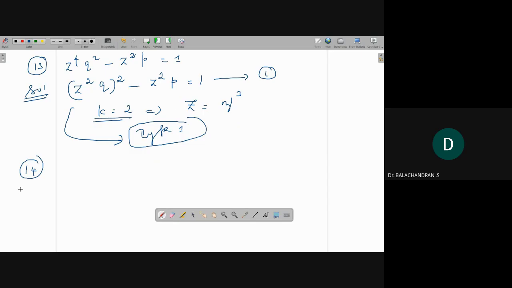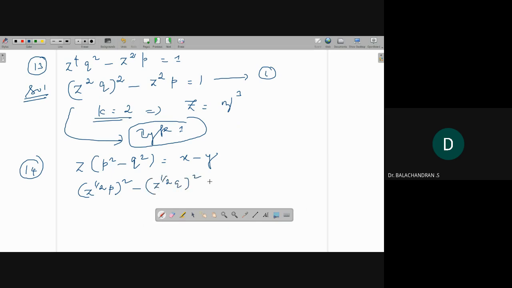Next, the 14th problem: z is square minus z into p square minus q square, z q square is equal to x minus y. p square minus q square is equal to x minus y. So this one we can write as z power half into p whole square, similarly minus z power half into q whole square.